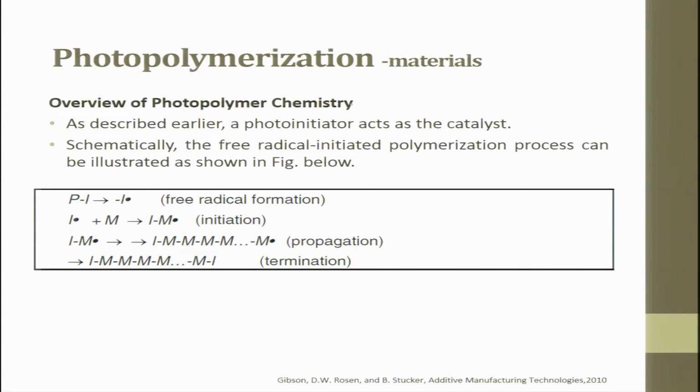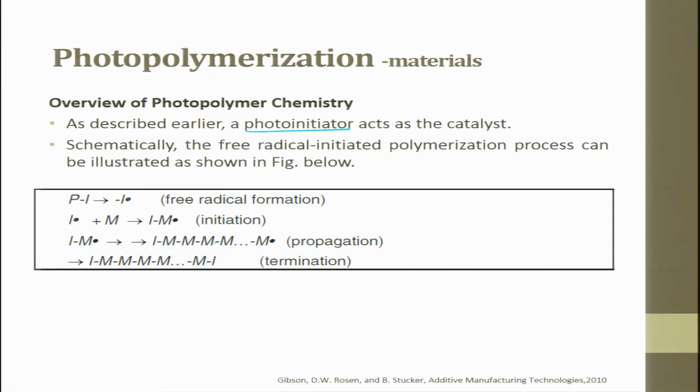The overview of photopolymer chemistry, and as described earlier, a photoinitiator acts as a catalyst. Schematically, the free radical initiated photopolymerization process can be illustrated as shown in figure 1. P-I is the photoinitiator, and I is I with a free radical. So, free radical formation: it reacts with M and forms an initiator, I-M dot.